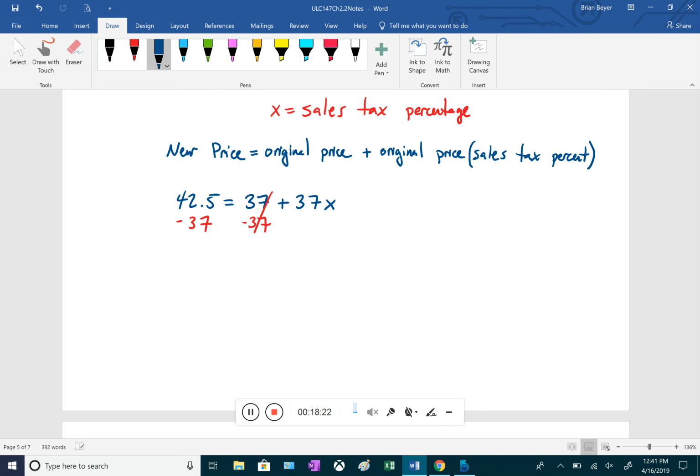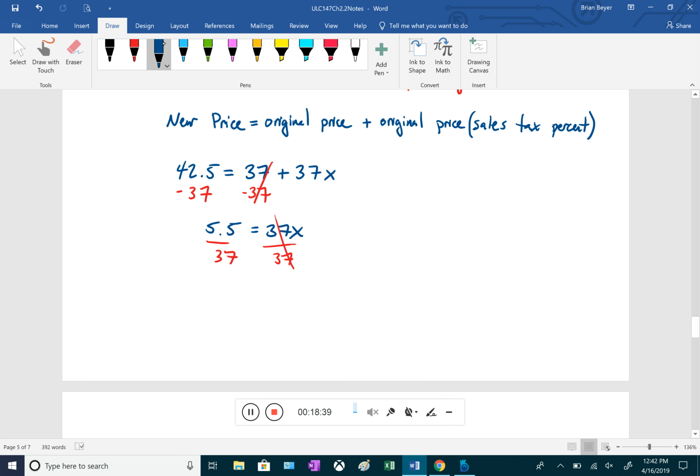And we get 5.5 equals 37x. Divide both sides by 37. And the 37s cancel off. Rounding this to the nearest hundredth, we get 0.15.